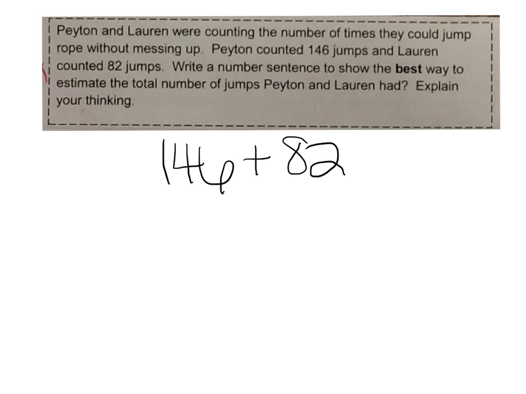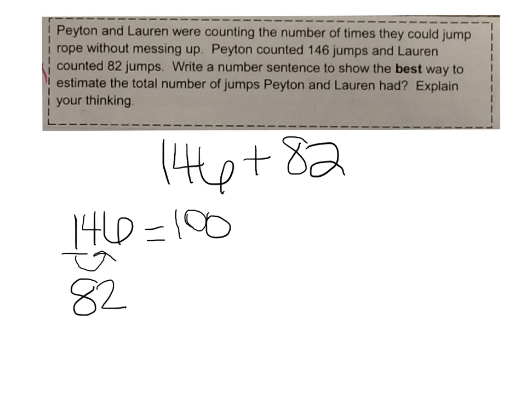In the first example, I'm going to use the strategy of rounding. In 146, I'm going to round to the hundreds place. I look at my hundreds value, but then I look to my tens and ones. I know my rule is that 50 or more, you raise the score. 49 or less, you let it rest. Since 46 is less than 49, I'm going to let my hundreds value rest at 100, and my other numbers become zeros. 82, I'm going to round to the nearest tens place.